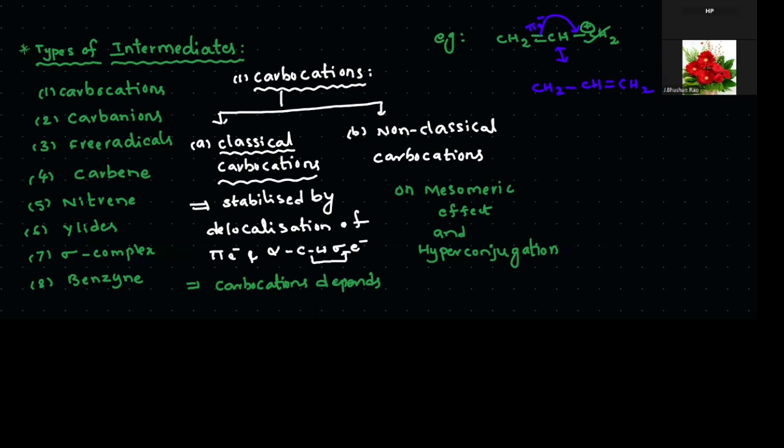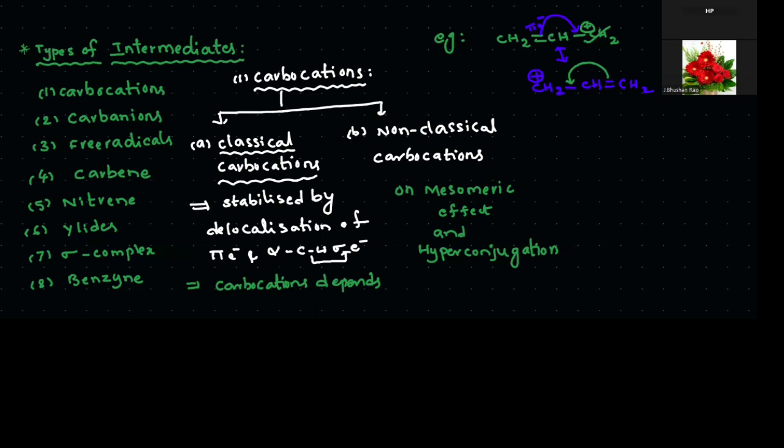Now further it is involved in delocalization. Here the positive charge is separated from the pi bond by only one single bond. These pi bonded electrons and the carbocation, separated by only one single bond, are involved in the delocalization.